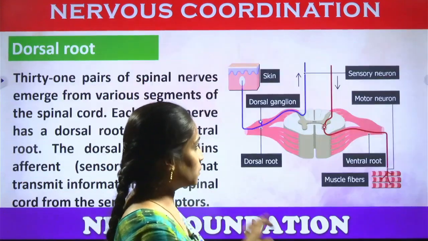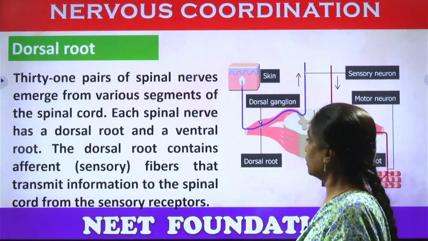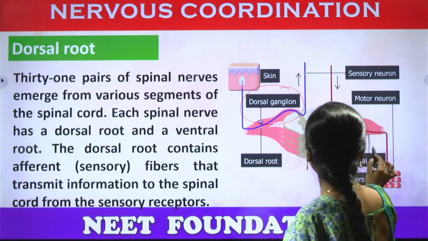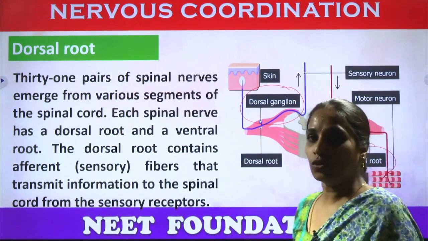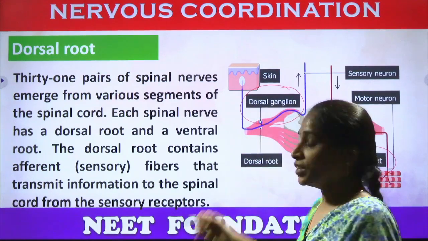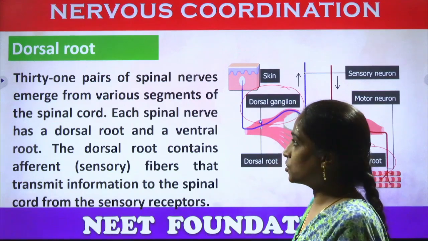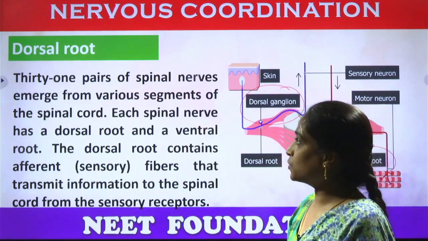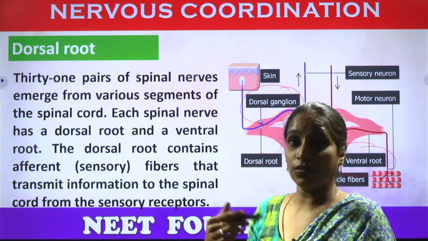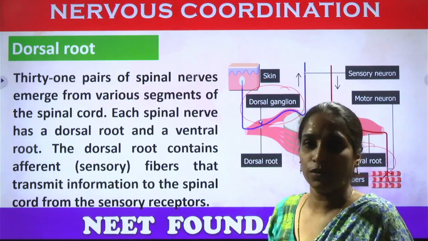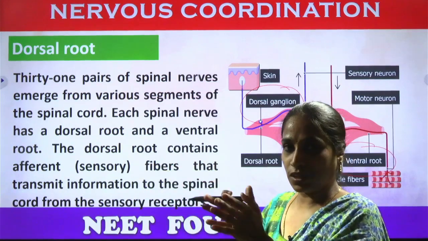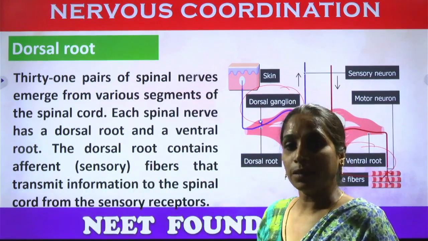Next, what is the next concept? Within the spinal cord we can observe the dorsal root ganglion and the ventral root ganglion. As we already know, the dorsal root ganglion carries the sensory neurons and the ventral root carries the motor neurons. So 31 pairs of spinal nerves emerge from various segments of the spinal cord. What are they doing? They arise from the spinal cord and are distributed towards multiple organs.